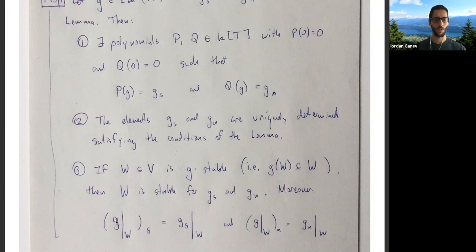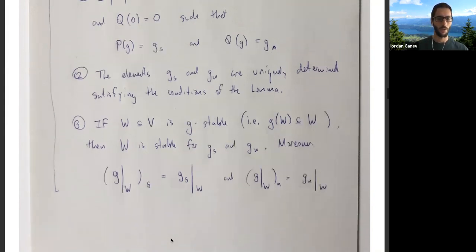If we restrict G to W, then that's an endomorphism of W, so it has a semi-simple part and a nilpotent part, and those coincide with the restrictions of the semi-simple part and nilpotent part of G. So that's what's going on there. Okay, any questions about the statement of the proposition before we jump into the proof?